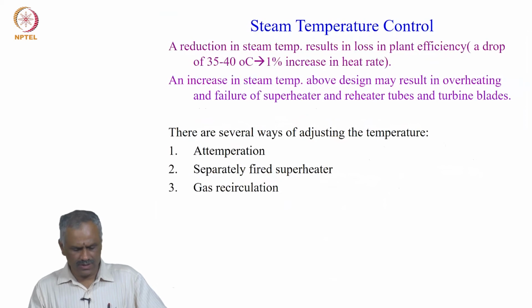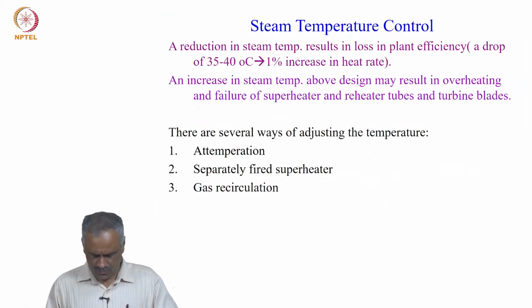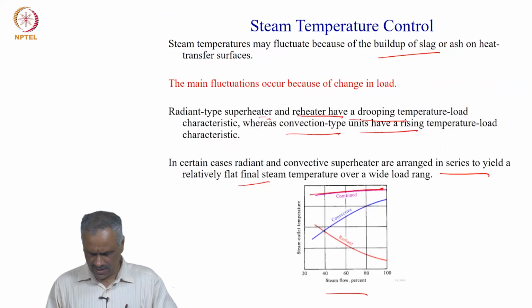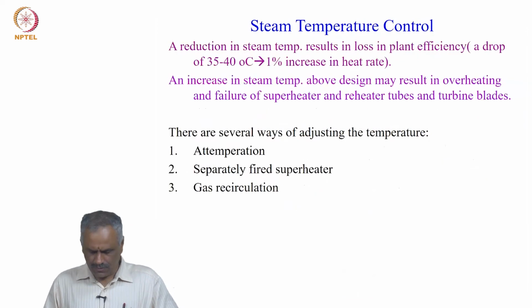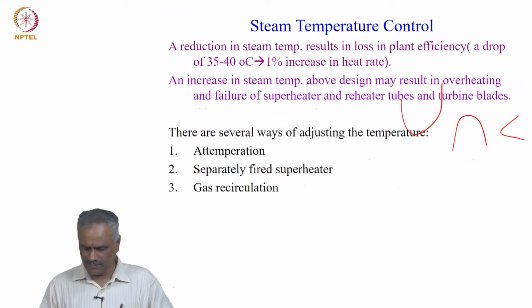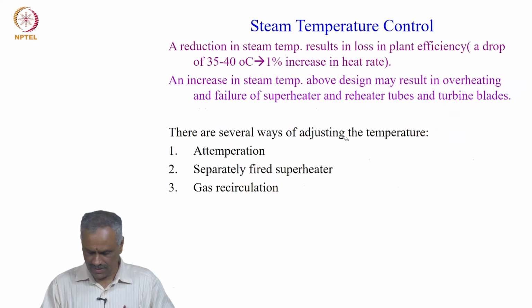I hope you have seen this in the superheater figure here: this is a radiant type and this is a convective type. You have seen one is parallel, that is the U shape here, and then this shape. I think you remember that, which I explained earlier.